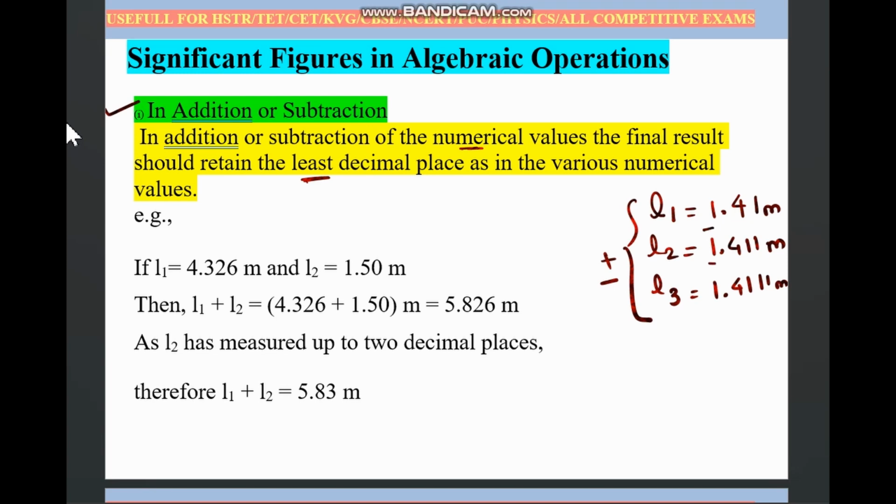Here we have 4 figures, here I have 5 figures, but the least, 3, is available in L1. So the answer of L1 plus L2 plus L3 you have to round off to only 3 significant figures, because L1 is available with 3 significant figures. Means the least decimal place you have to consider.